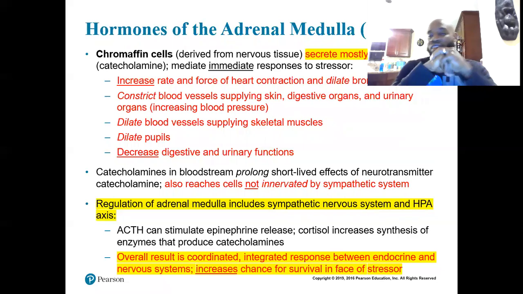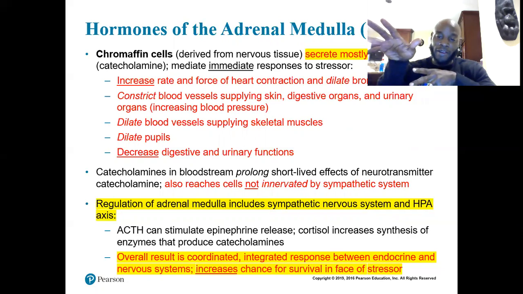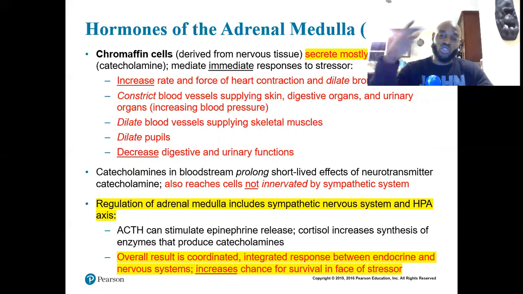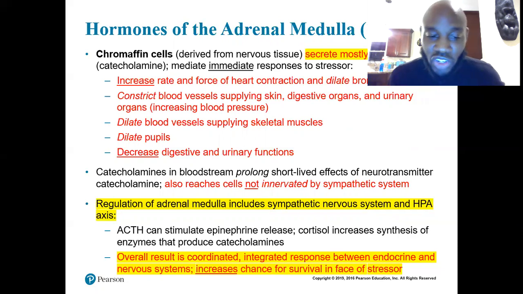When we are in fight or flight mode, our sympathetic nervous system is triggering it, with the increased heart rate and the increased heart pump, but also the epinephrine, this hormone, when it's released into our bloodstream, helps trigger places in our body that maybe the nervous system didn't trigger.